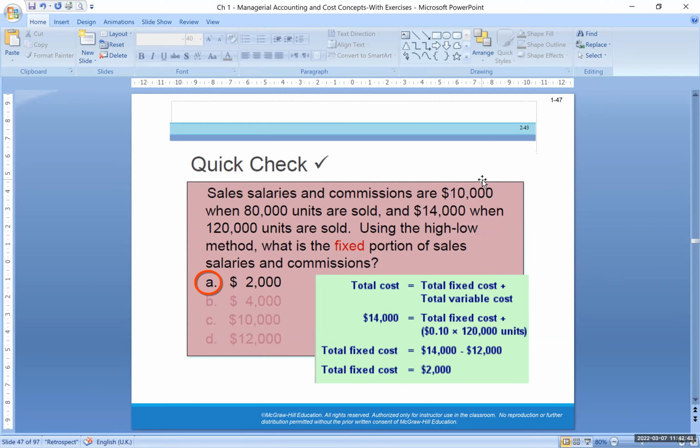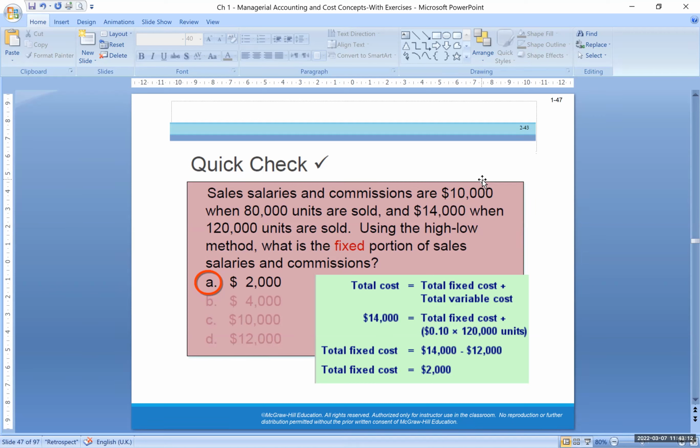If we use the highest level, we will say that y equals 14,000 equals a, which is missing and is the fixed cost, plus 0.1, the variable cost per 1 unit, which is b, multiplied by the level related to the 14,000, which is 120,000. The 0.1 multiplied by 120,000 is equal to 12,000.